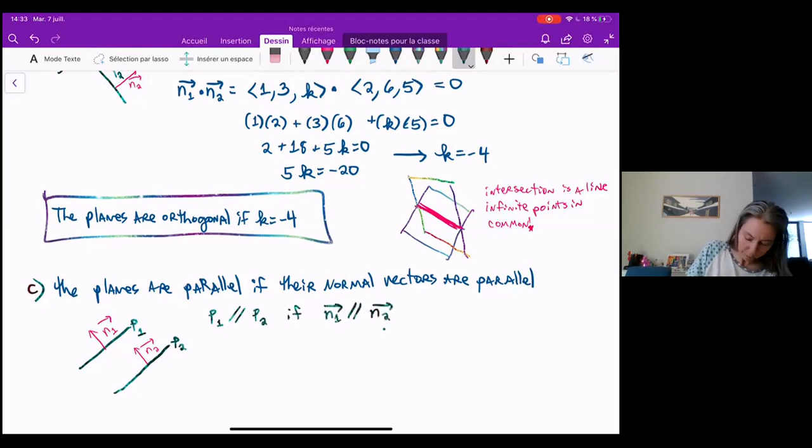So in other words, we can say that P1 is parallel to P2 if N1 is parallel to N2. So what does it mean for vectors to be parallel? If they are scalar multiples. So in this case, we need to find k such that N1 and N2 are scalar multiples, if possible.